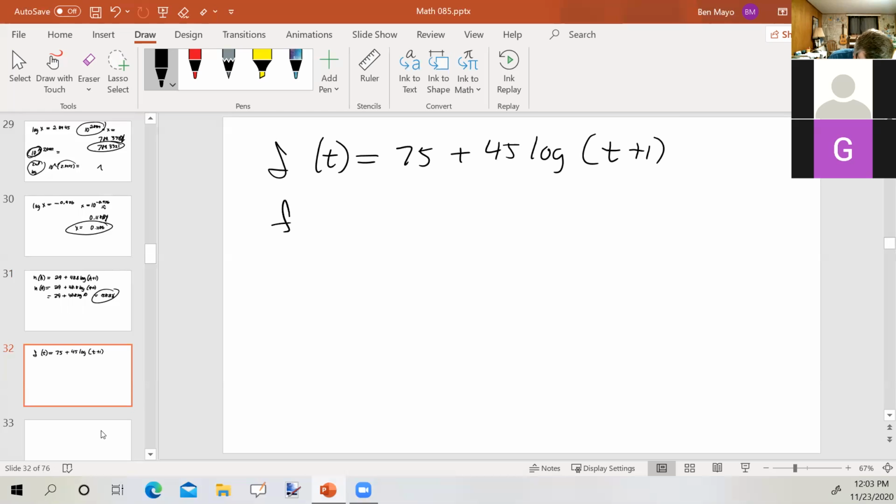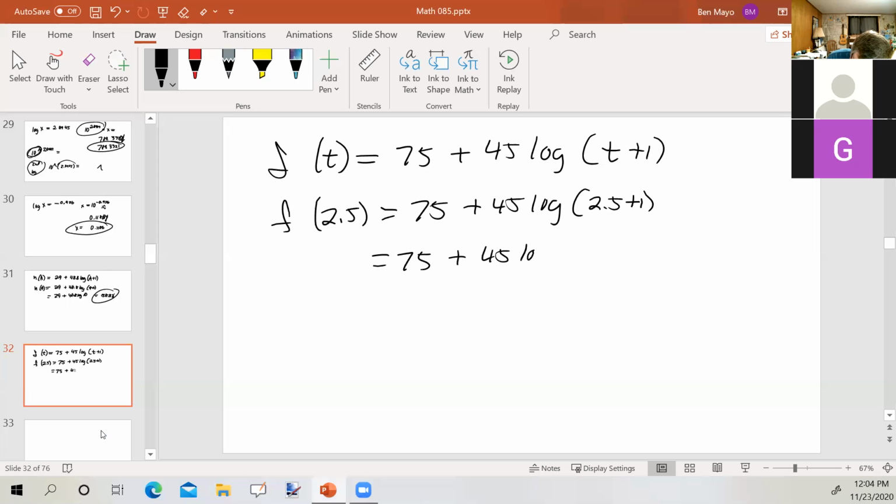So she wants to find f of 2.5, right? 2.5 years. So that's going to be 75 plus 45 times the log of 2.5 plus 1, which is 75 plus 45 times the log of 3.5.